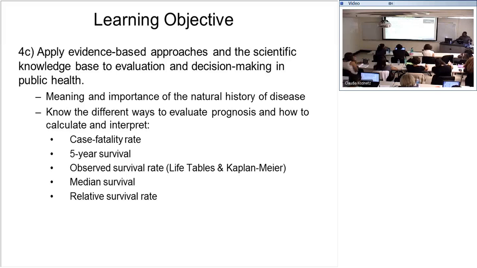So at the end, we expect that we will be able to evaluate prognosis through the use of measures like the Case-Fatality Rate and the 5-year survival rate. We will talk about the observed survival rate, which is the life tables and the Kaplan-Meier. Then we will look at the median survival rate, and then we talk about relative survival rate.